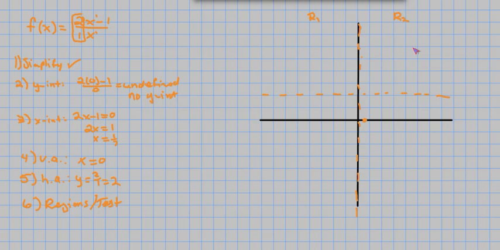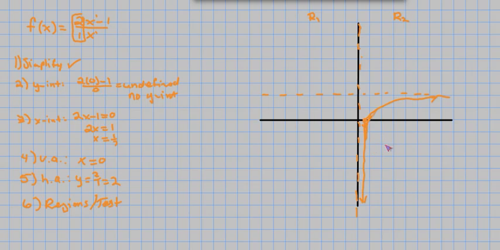The right region's already done because we do have a value to the right of this, so we can actually start right away and draw this going towards that horizontal asymptote and towards this vertical asymptote. So there's our first curve, which is kind of an ugly curve right now the way I drew it freehand.